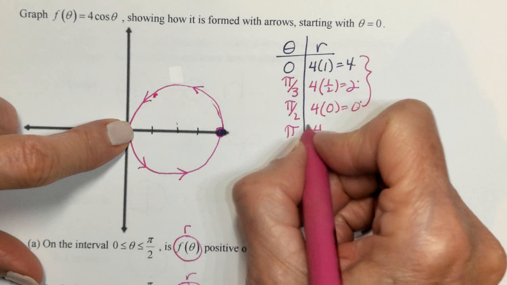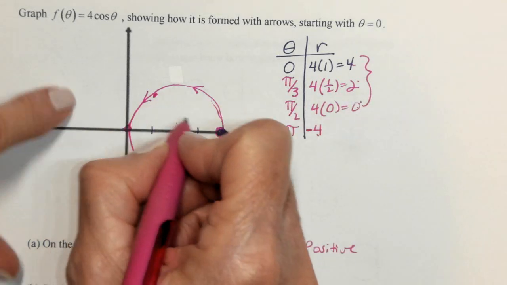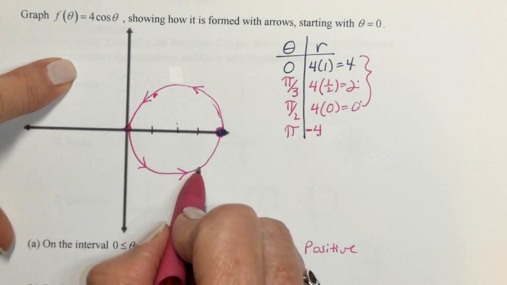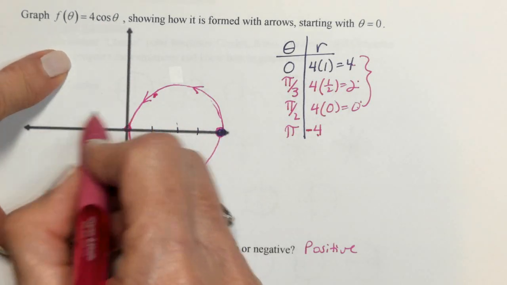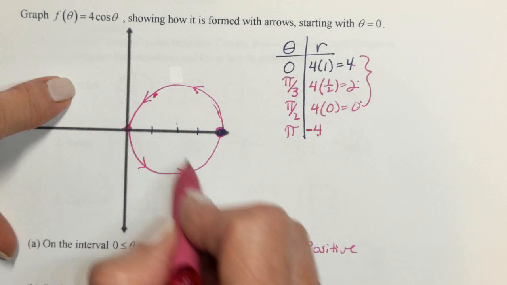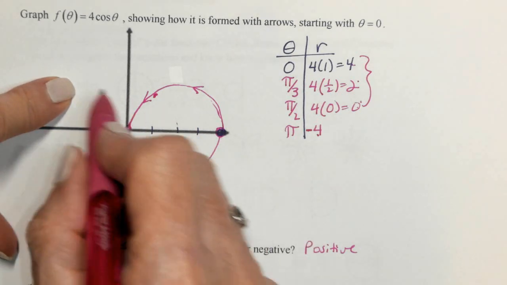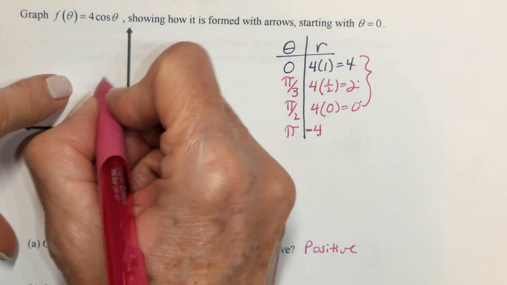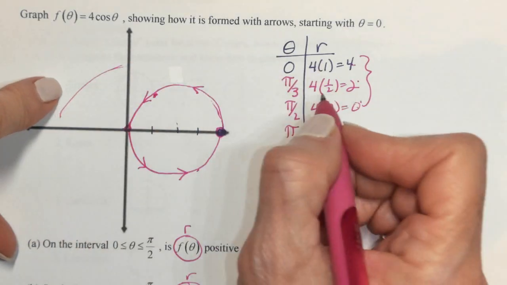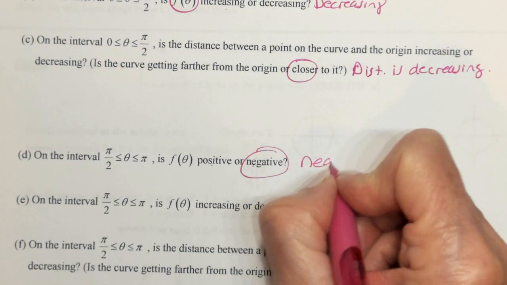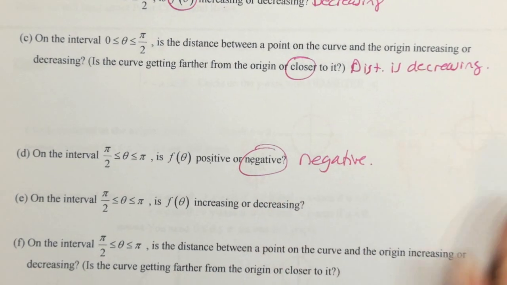After pi over 2, r has to be negative because we have nothing showing in this quadrant. It's all showing down here. So r must be negative from pi over 2 to pi.